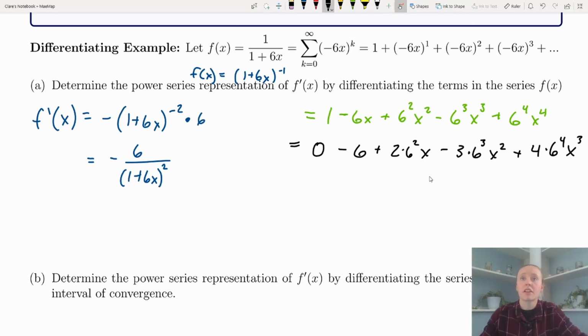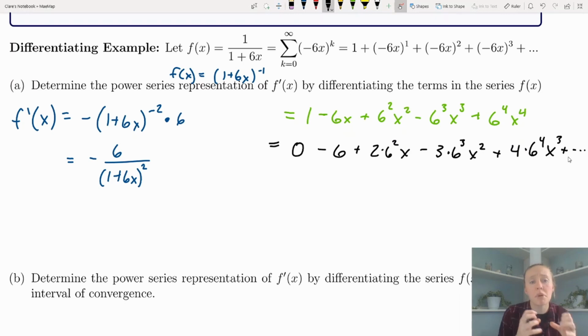Now I wrote it out like this so that we can pick up on our pattern, because we're trying to find the power series representation of our derivative. This is what f prime of x is equal to as we write it out. So finding that derivative, taking the derivative of each of my terms in my series, I'm now going to find that pattern to write it as a summation.